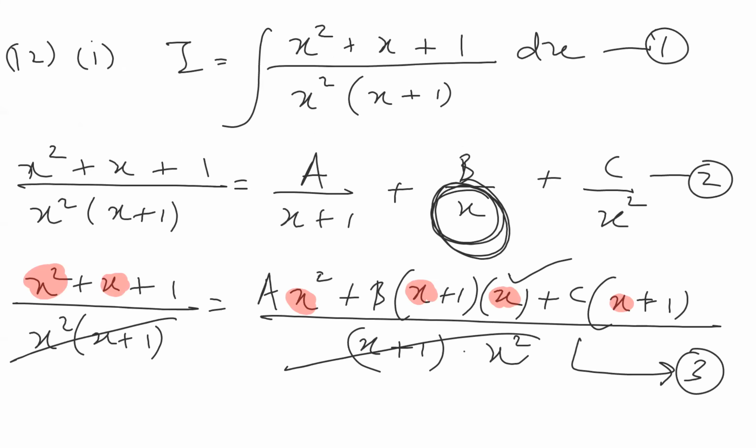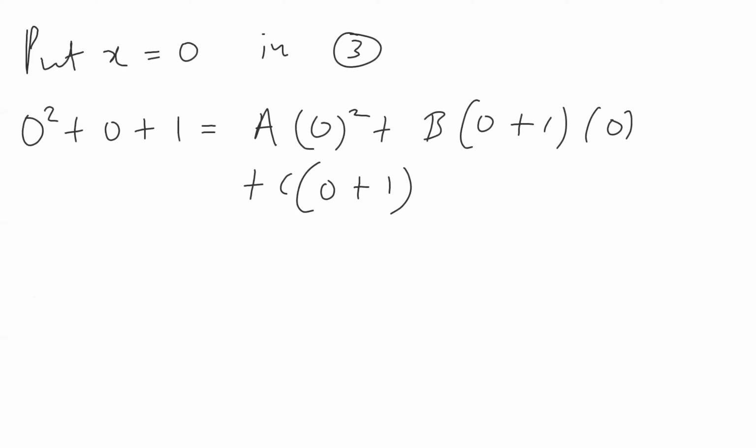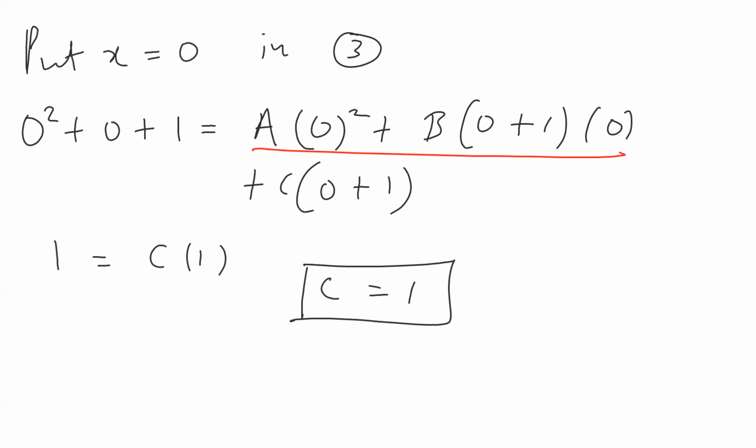So the left hand side will be 1. A and B get eliminated, and this will be C into 1, which is 1. I'm getting the value of C as 1.